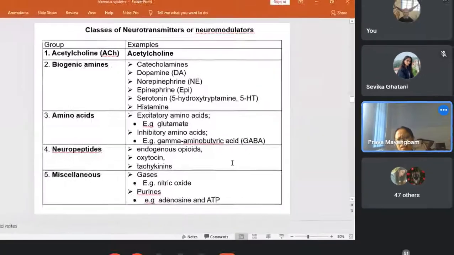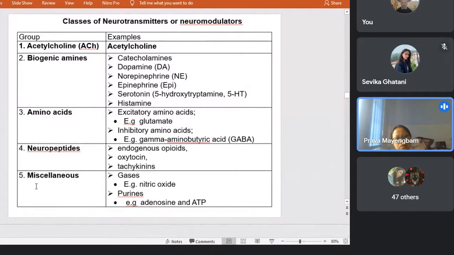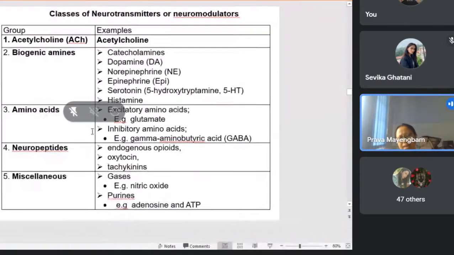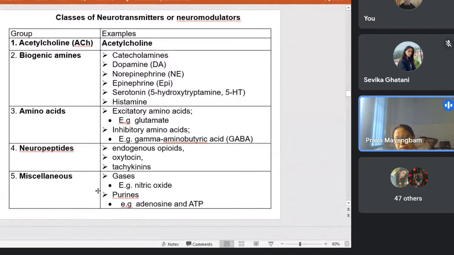Okay. So these neurotransmitters can be broadly classified into 5 categories, and this classification is not fixed. It can be classified in many ways. In many other books, you will find different forms of classification. Whichever form you follow, there is no problem.